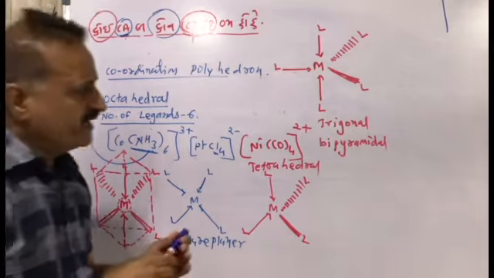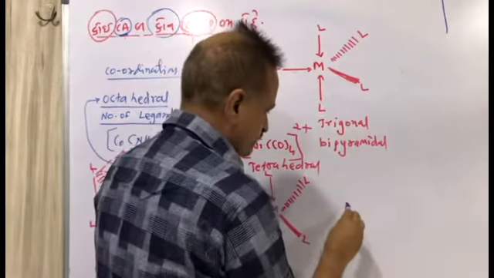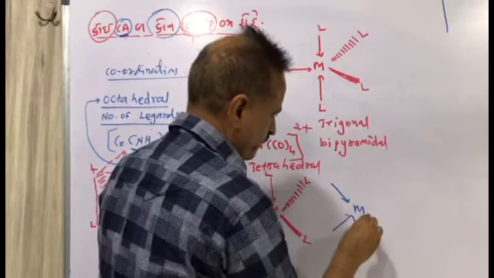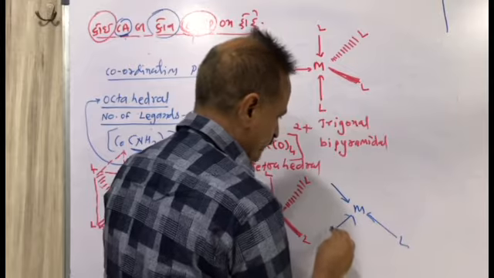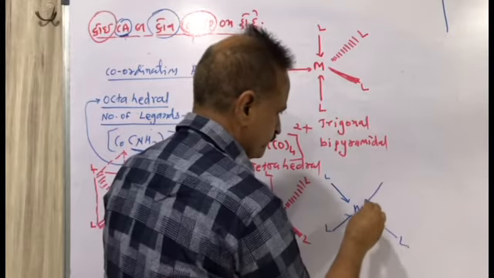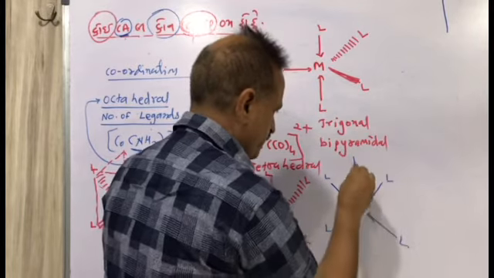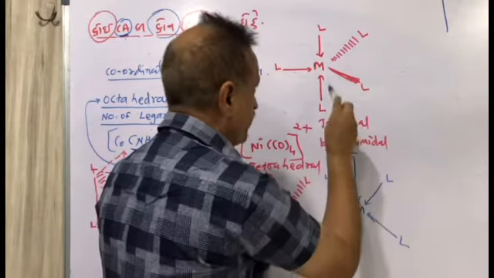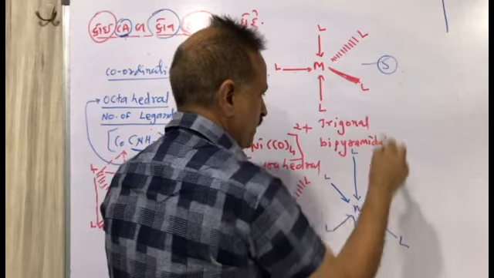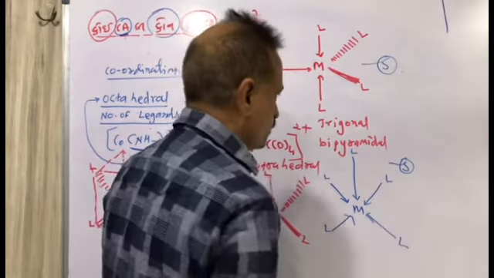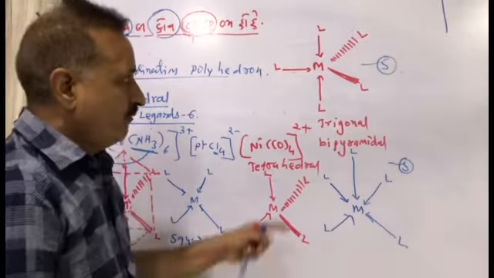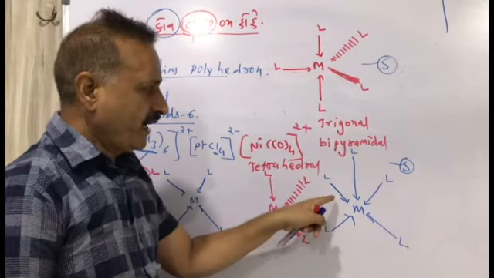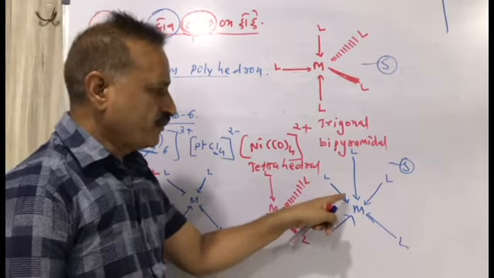So it is very simple. Trigonal square planar means metal ion, 4 different ligands over here and one ligand from the upside. The total number of ligands here is also 5. So the number of ligands will be 5, and we have two different shapes, trigonal bipyramidal and trigonal square planar.